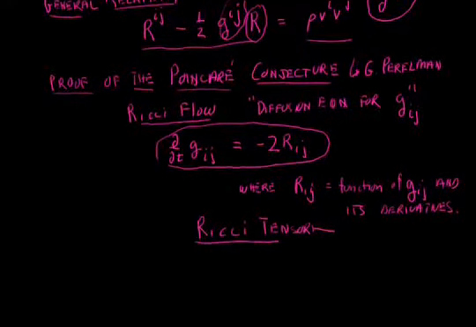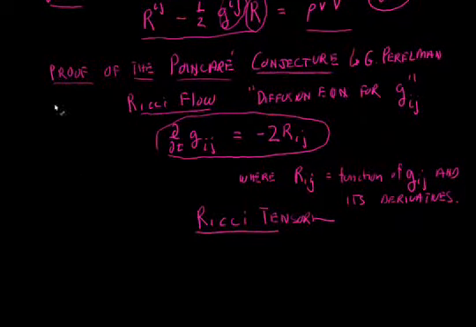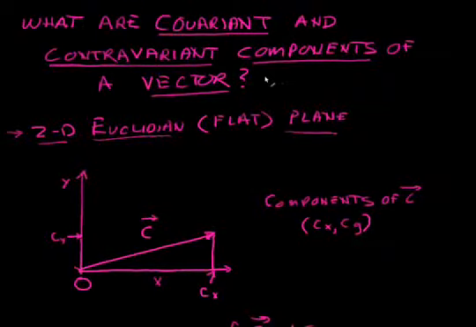So let's take a look at the next page now and look at the contravariant and covariant components of a vector in the simplest situation, where you have a Euclidean flat plane and a physical object that you're representing. Say the surface of a table, and you've put a ruler down on the table, so it's an actual physical object, and you move it around, and then maybe you draw some coordinates, x and y, Cartesian coordinates, and you want to get some numbers for the length of this object in this coordinate system.